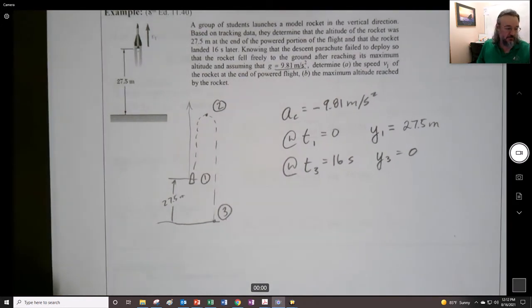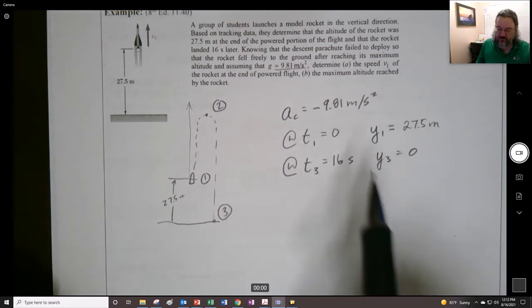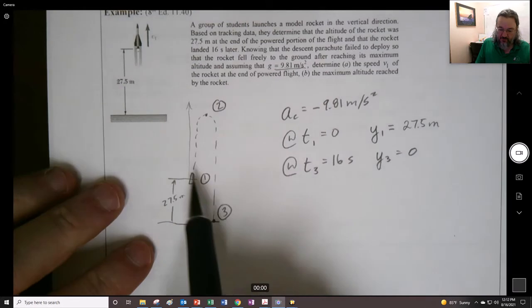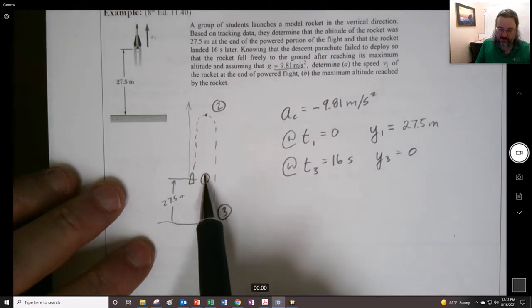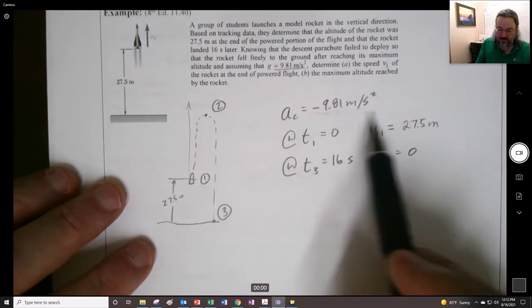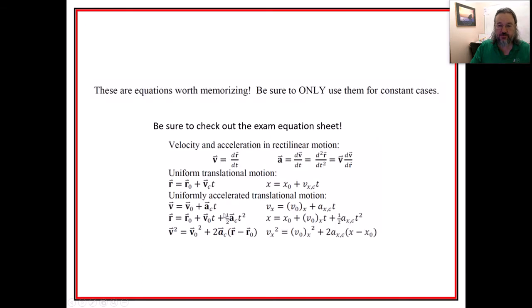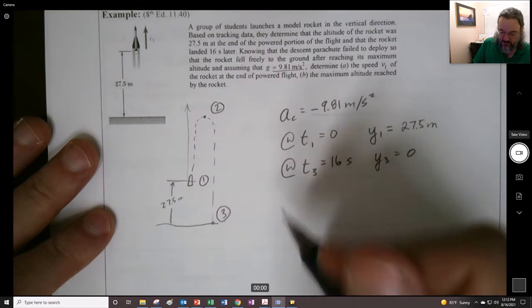I think so. So what we can do here is we could figure out what the velocity was at then. We could take it between 1 and 3 because the acceleration is always this amount right here. So the fundamental kinematic relation that we want to use, double checking here, is position and time, right, that we have going on right there. So this would be a good one to do.